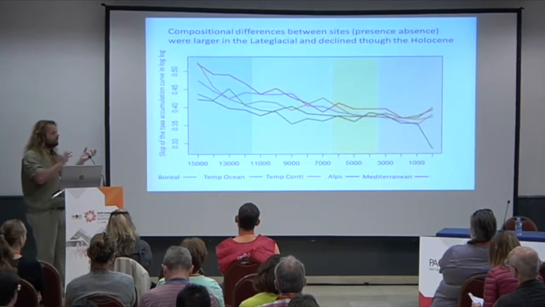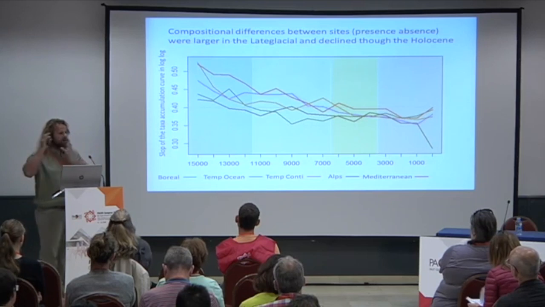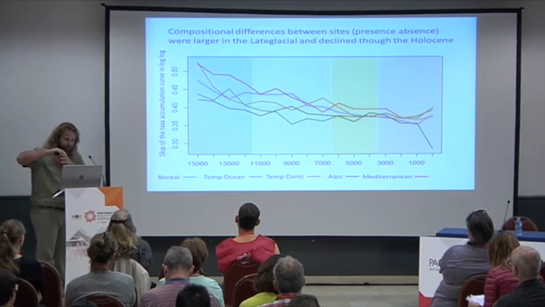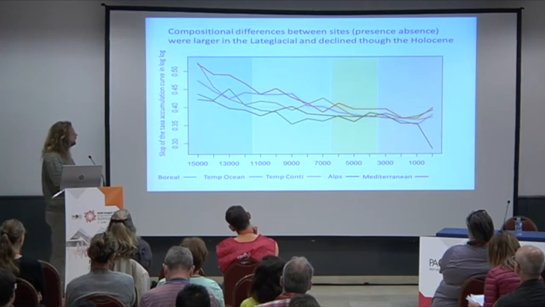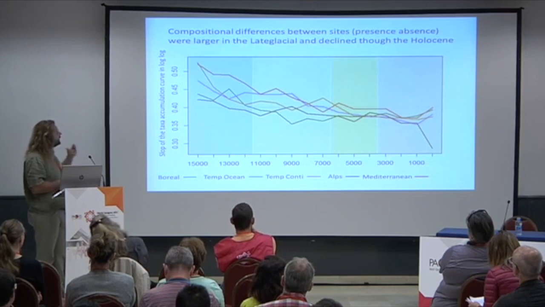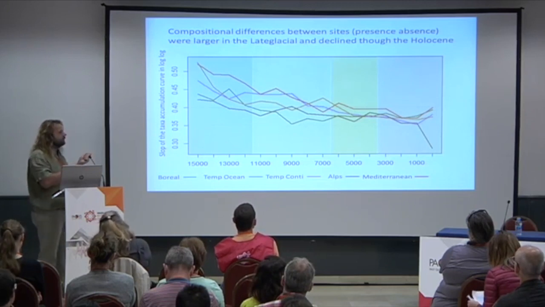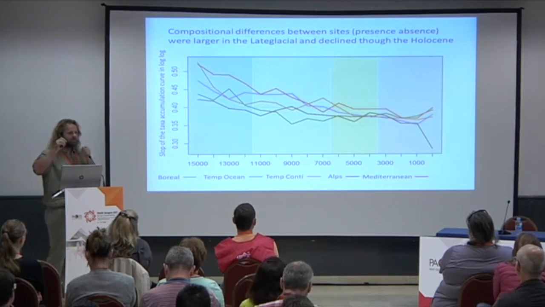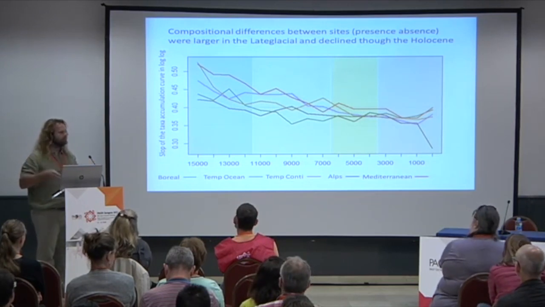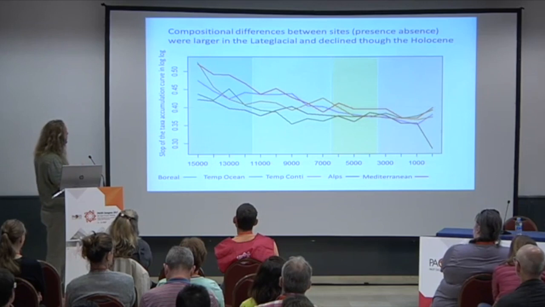So the reason for the difference in the trends of the bigger regions and individual sites may be explained a little bit with this analysis. This is an analysis of looking at how different are the pollen compositions at the different sites. And that is done by the taxon accumulation curve and measuring the slope.